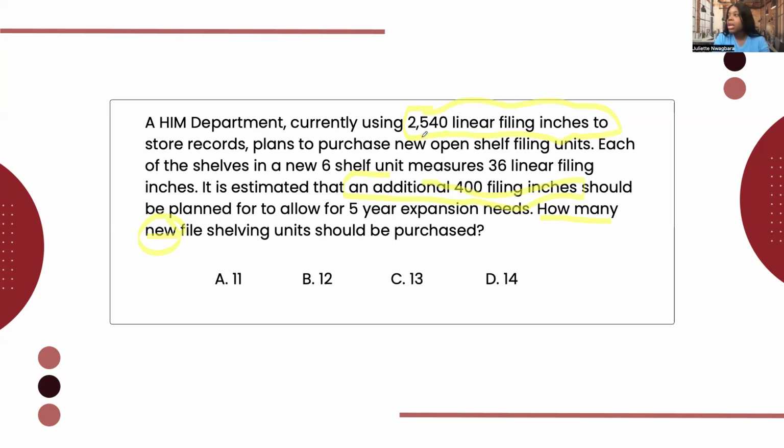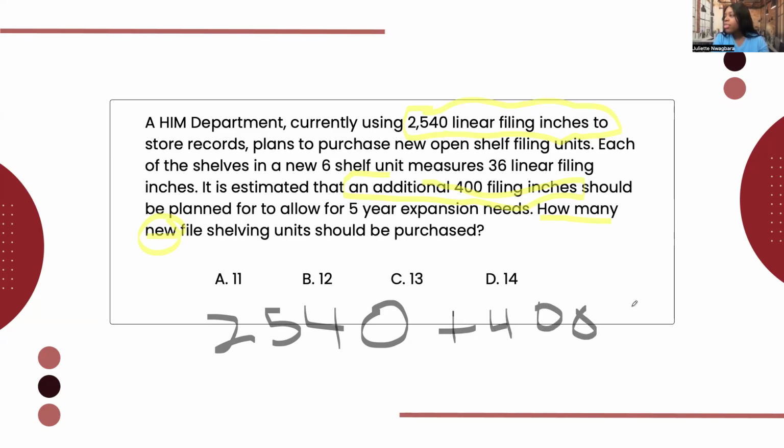All right, so we know that it is currently 2,540 inches available, and they're looking to add an extra 400. So this is simple math, right? I can just add 400 right here, and I now have the actual amount of inches that would be available for these new 5 years.